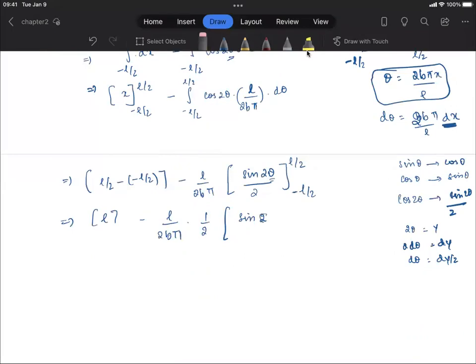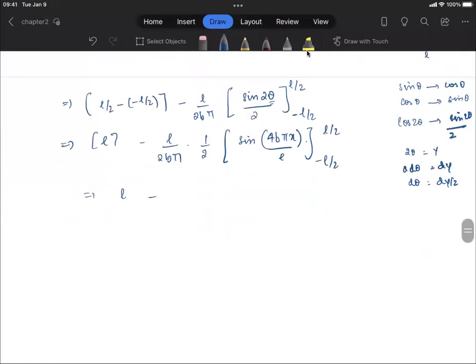2 times, so this 2 theta here is actually going to be 4b pi x over L. Sine of negative theta is negative sine theta.